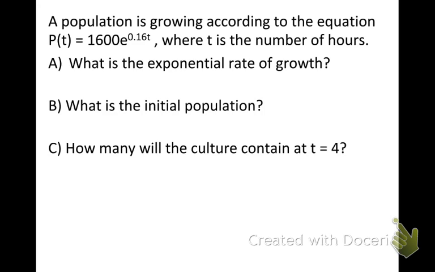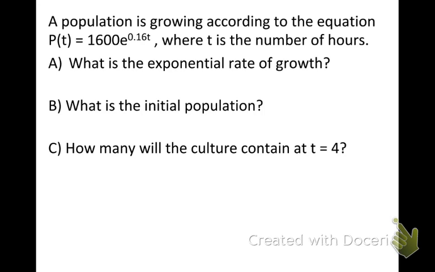We have a population that's growing according to the equation P of T equals 1,600 e to the 0.16 t, where t is the number of hours. Notice here in this population model, they actually didn't use N of T, they used P of T. Same thing, it's still that future population.